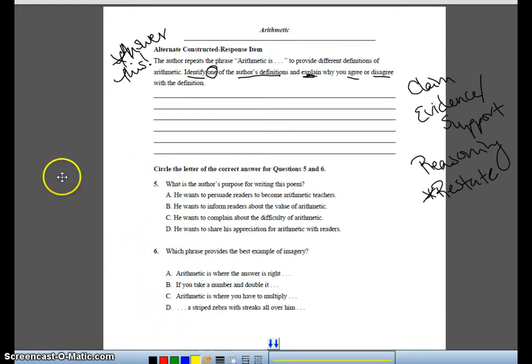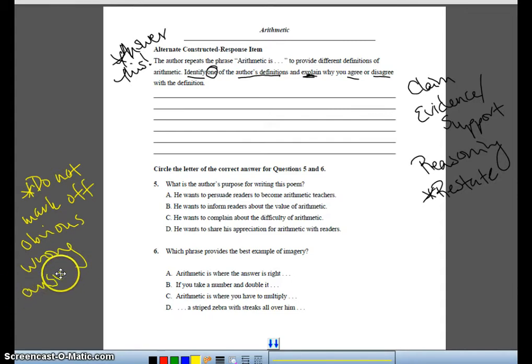One of the most important things is that you cannot mark off obvious wrong answers. While this is a good testing strategy, it doesn't really work for the MAP test because when it's scanned in, any of your pencil marks get scanned in and you don't want it to invalidate your test or to have the wrong thing read as being correct.